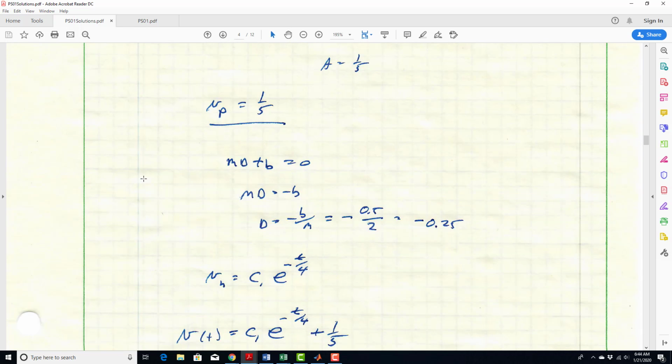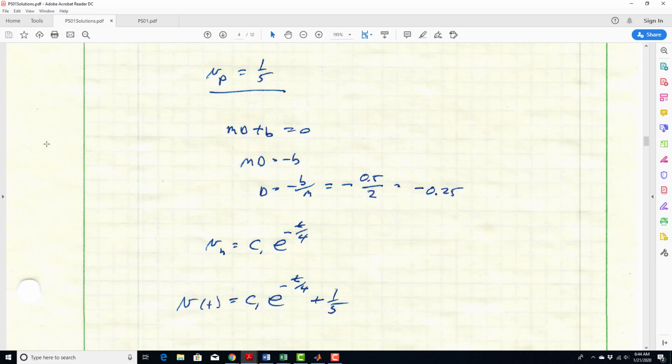We move on now to the homogeneous solution, and we jump right to the characteristic equation. m times d plus b equals 0. That gives us a root of -1/4. And that directly leads to the form of the homogeneous solution, some constant of integration c1 times the exponential of minus t over 4.